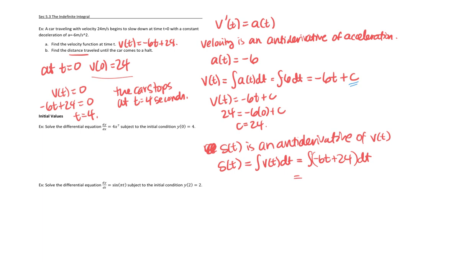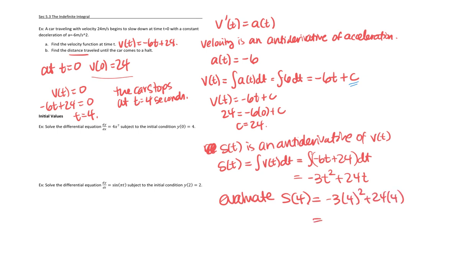And so what is that? Well, that's going to be -3t squared plus 24t. And then I could have some plus c, but I'm just going to let my initial position be 0. And I want to evaluate s of 4 seconds and see how far it's traveled from the initial spot of 0. So -3 times 4 squared plus 24 times 4. And I can plug that into my calculator.